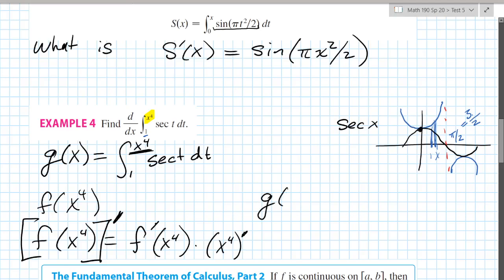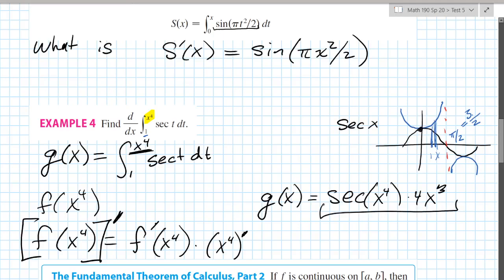So, in our problem, what does that do? It means the derivative of the outside function is the secant of stuff times the derivative of the inside function, which is, oh, that's not a 3, that's a 4, 4x to the 3rd.